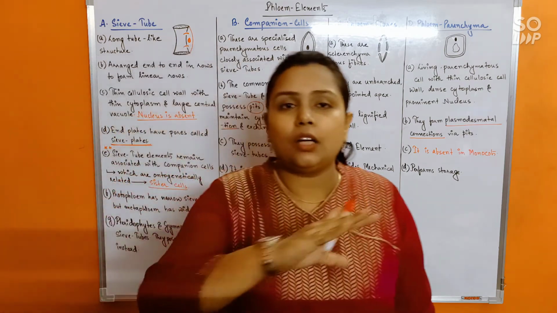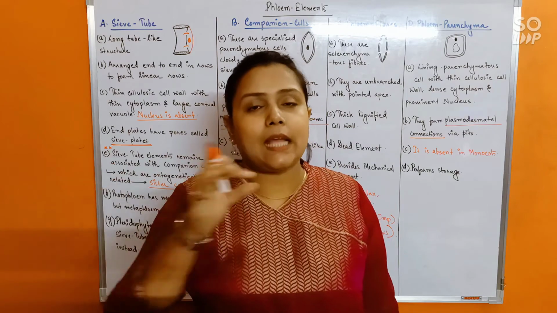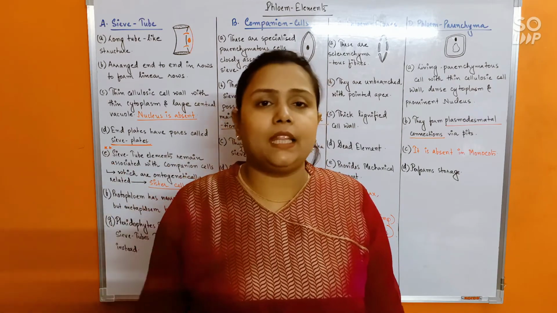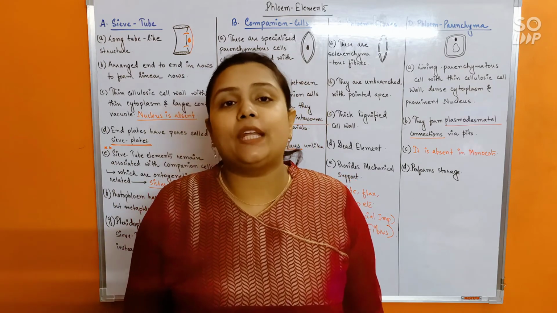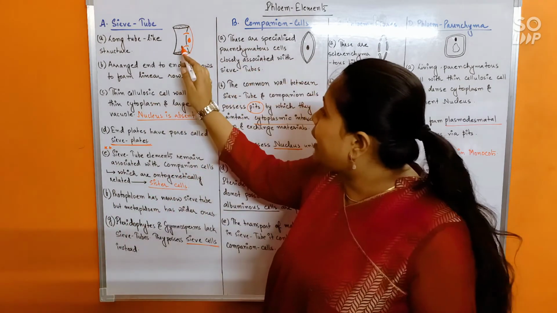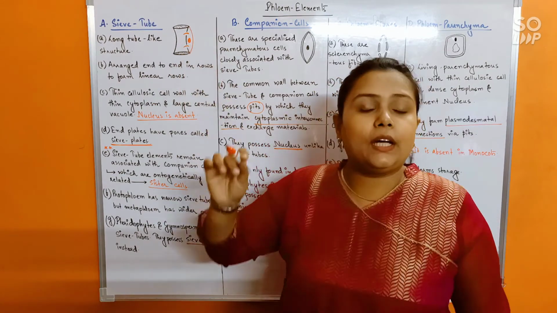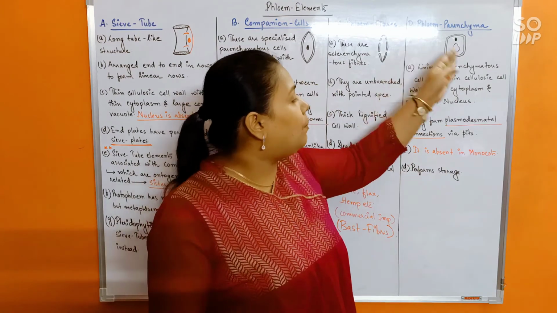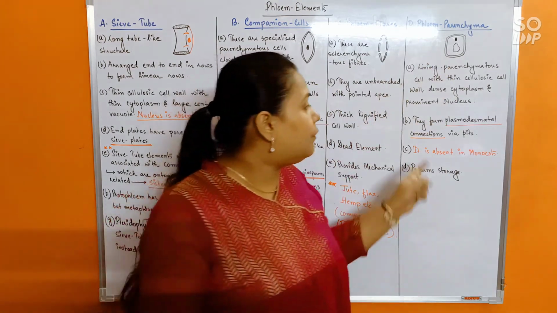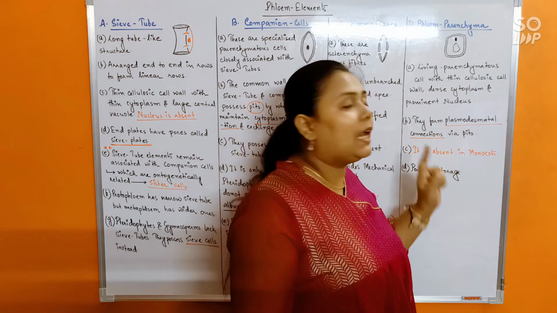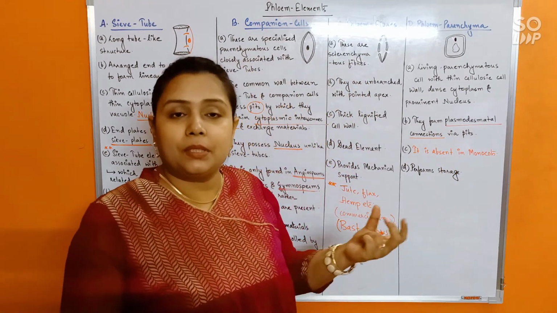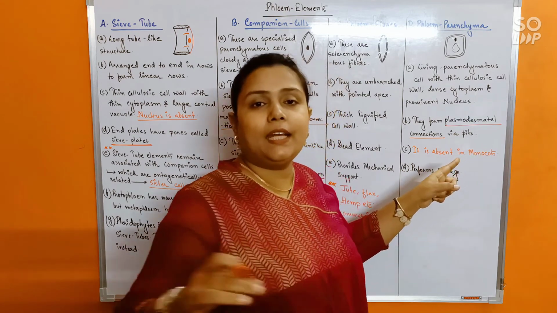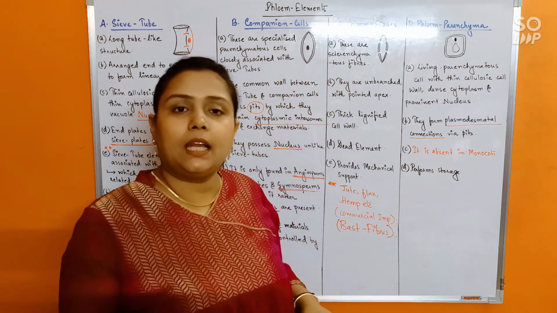This cytoplasmic strand which is connecting each and every living cell in the plant body is called plasmodesmata. So this cytoplasmic interconnection can be called a plasmodesmatal connection as well. Phloem parenchyma, being a living cell, will allow plasmodesmatal connection among the rest of the members of the phloem.